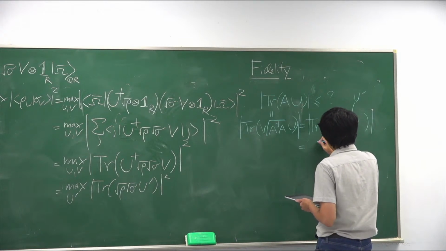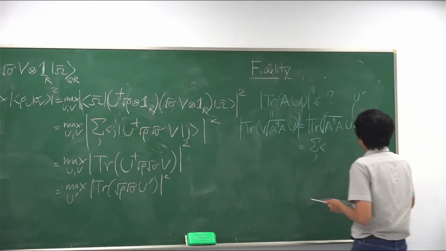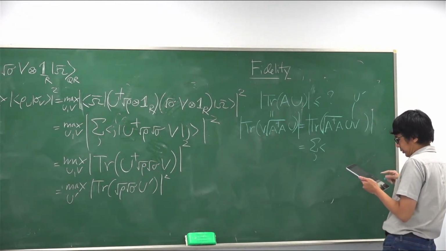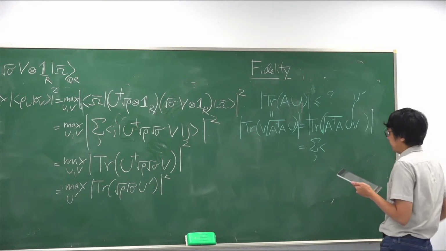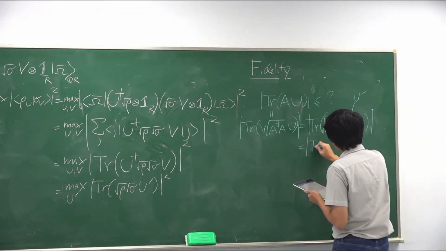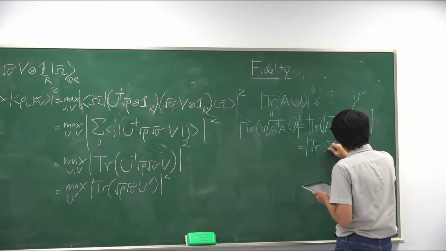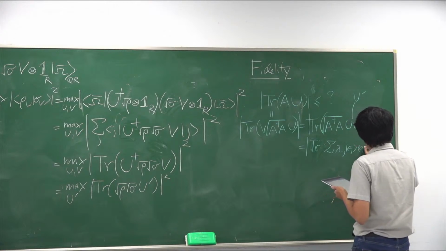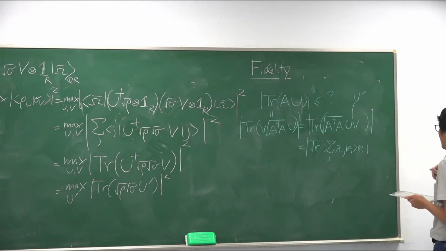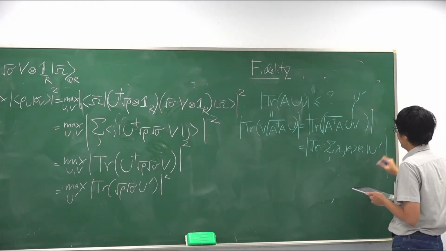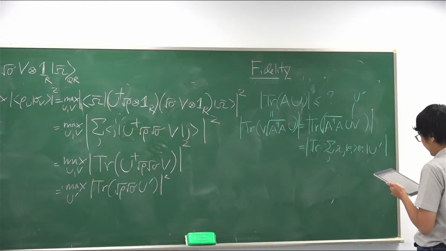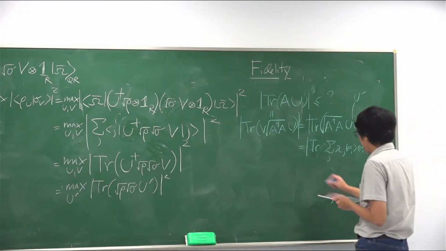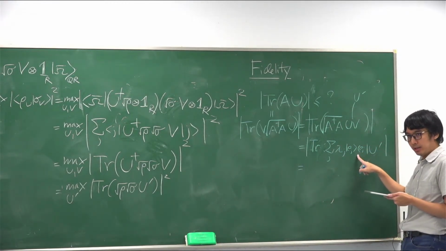If I take the trace, I do the eigen decomposition of this, and then the trace would just turn the outer product into an inner product.